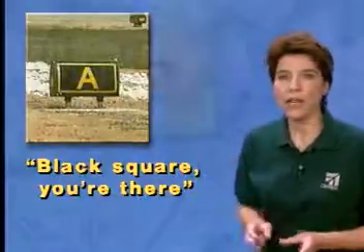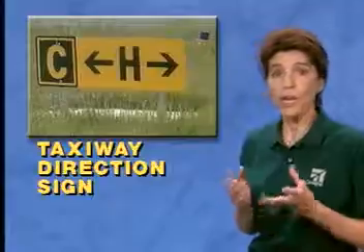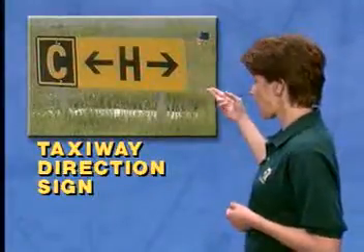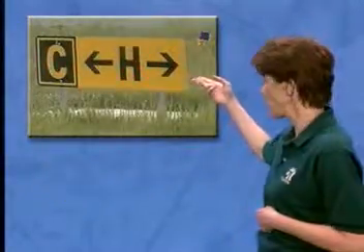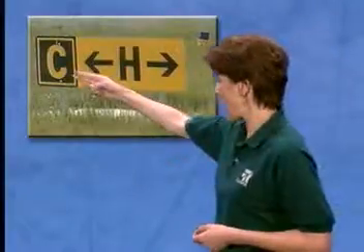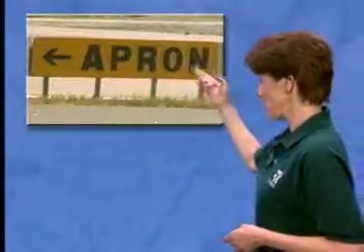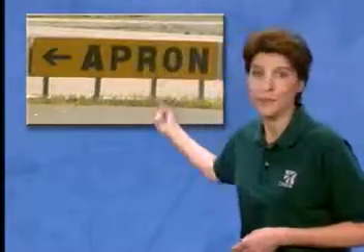A yellow sign with black lettering is a direction sign. For example, if you're about to cross another taxiway, you'll see a yellow sign with black lettering and a black arrow telling you which direction that taxiway goes. So in this case, you're on taxiway Charlie, about to cross Hotel. And this sign tells you to turn left to get to the apron.